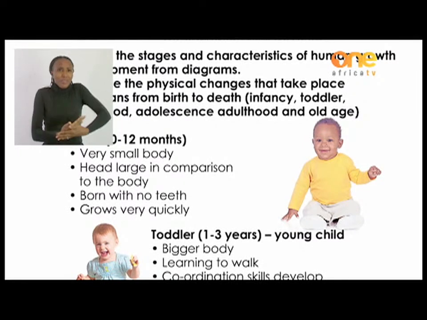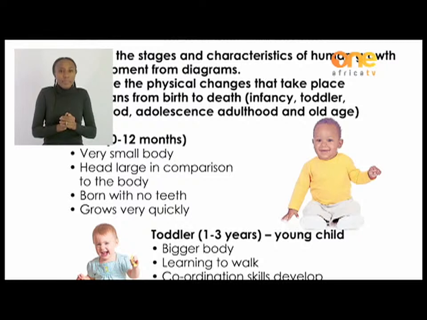It means we're all babies. How were we looking when we were babies? We were actually very small in bodies. Our heads were a little bit bigger compared to our bodies. We were all born without teeth, and that's the stage where we normally grow very quickly. So those are the characteristics of somebody who is an infant, the newborns.